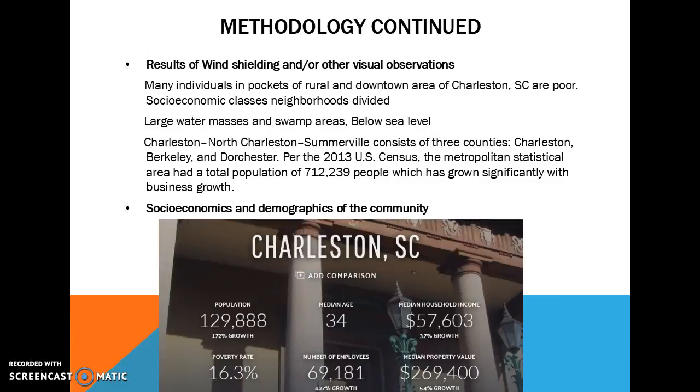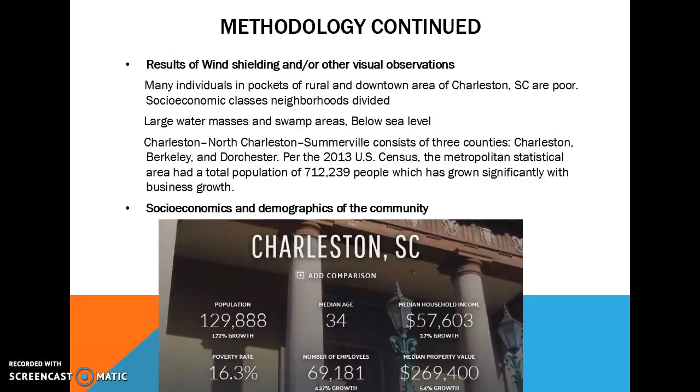I conducted a windshield observation where I drove through the community and just wrote down things that I noticed about the community. One of the things that I noticed was that many of the individuals in the downtown area are poor, a lot of the pockets of the downtown area are poor.